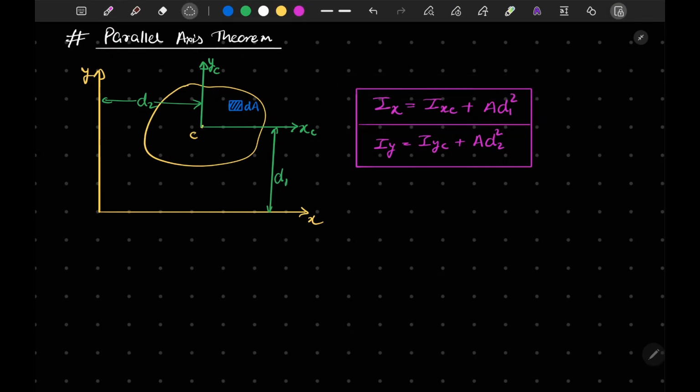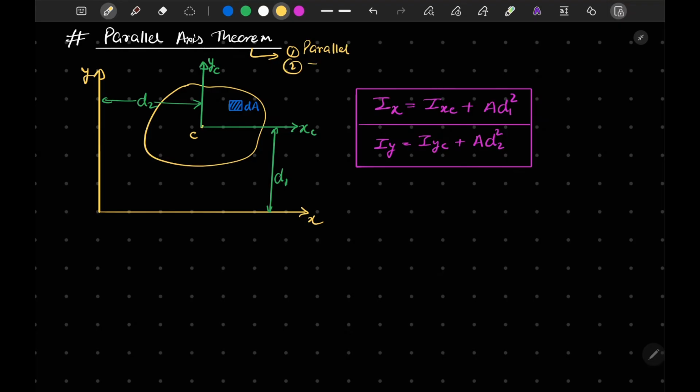Now let me describe how to write this formula. There are certain conditions. Both axes must be parallel, so the first condition is parallel.